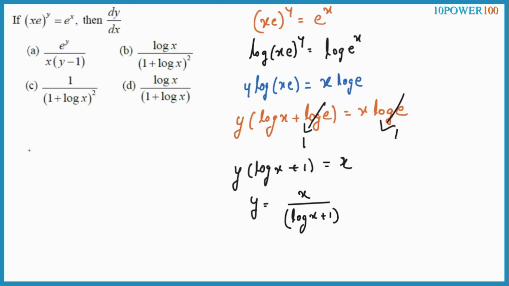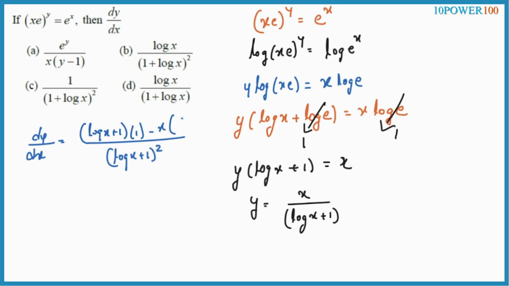Now let's differentiate this. If you observe options B, C and D, they are almost the same, with log x plus 1, so we are on the right path. Let's find dy by dx. It is the denominator square, log x plus 1 the whole square, in the denominator. In the numerator: log x plus 1 into the differentiation of x, which is 1, minus x, kept as it is, into the differentiation of log x plus 1, which is just 1 by x.